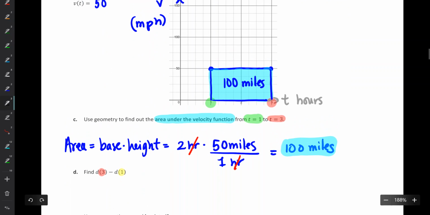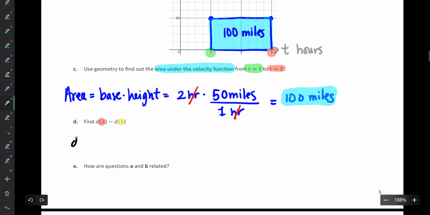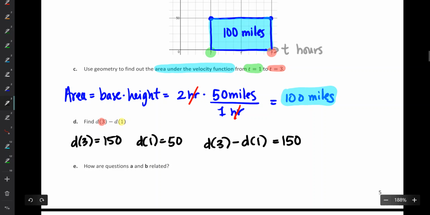So D3 is 150, D of 1 is 50, D3 minus D1 is 150 miles minus 50 miles, which is 100 miles.